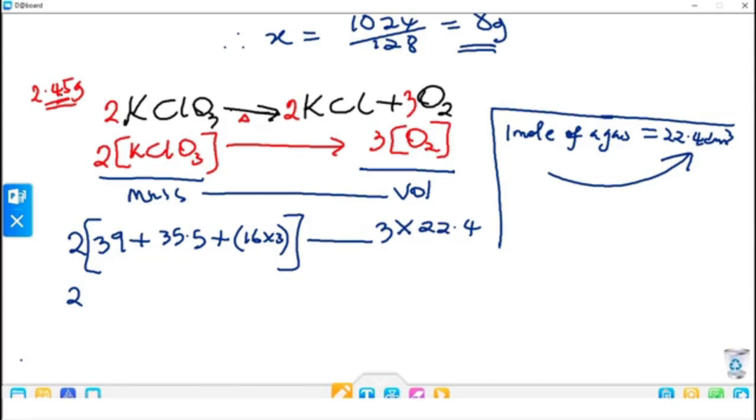Now here we have 2 into 39 plus 35.5 plus 48.